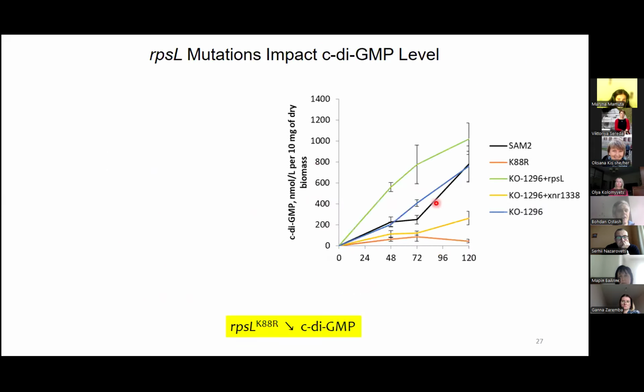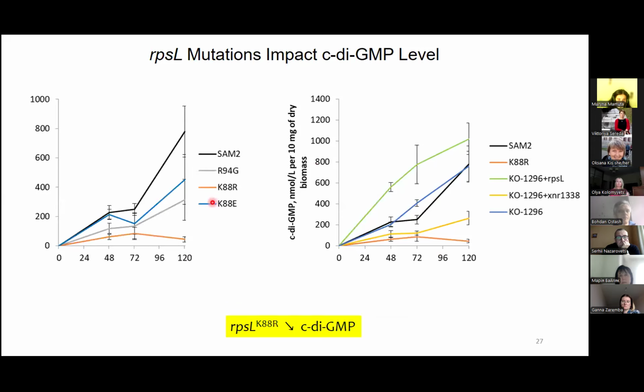And what we discovered is that actually you should pay attention to the graph on the left. So we have this wild type, the parent strain, no mutations. It pretty much accumulates the c-di-GMP throughout the course of the experiment, which is 120 hours.